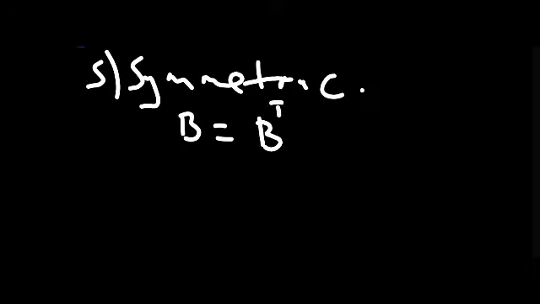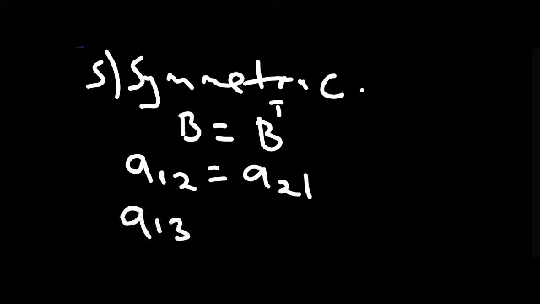If that's the case, then we call that one a symmetric matrix. So this implies that if you have A12, A12 will be equal to A21. As an example, if you have A13, A13 will be equal to A31. So apart from those elements in the major diagonal, the elements that are facing each other would actually be the same. Let me show you what I'm talking about.